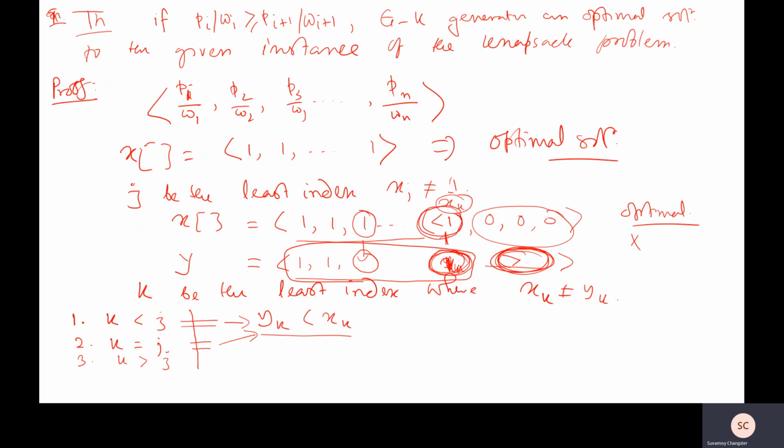Not possible. Therefore this condition is not feasible. So we may have two possibilities: one is k is less than j, and the other is k equals j. And in both the cases, yk must be less than xk. So this is the first conclusion we have drawn, that in any case yk must be less than xk.